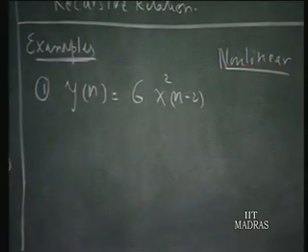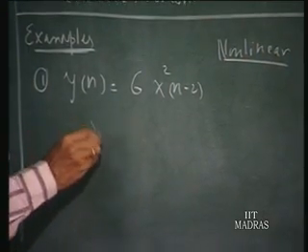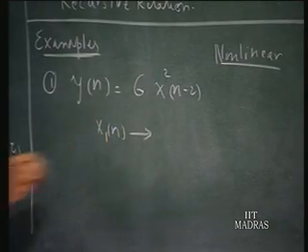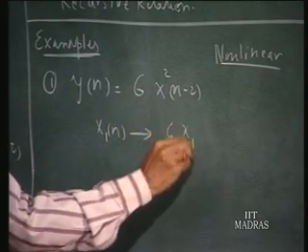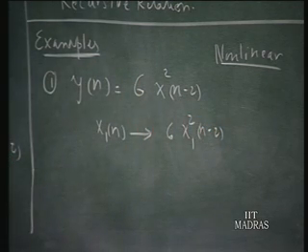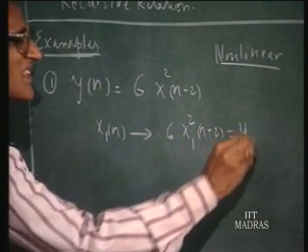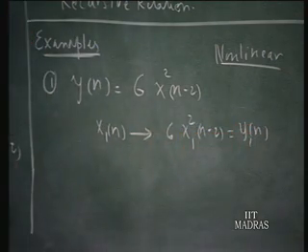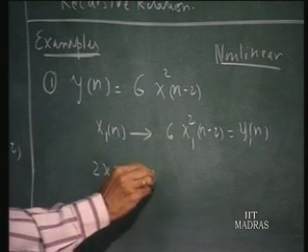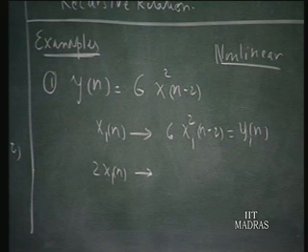Why is it non-linear? Suppose I have an x1[n], then it gives rise to an output which is 6 x1 squared [n minus 2]. Let us say this is y1 of n. Now if the input is doubled, let us say I have 2x1[n], then if the system is linear I must get double the output.